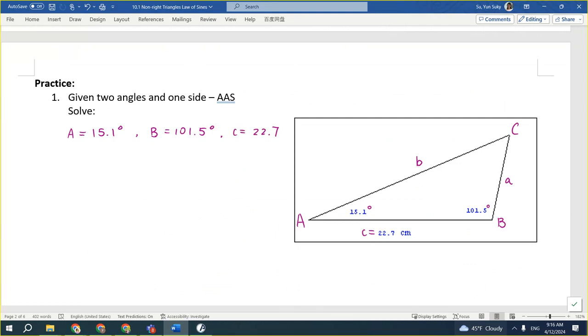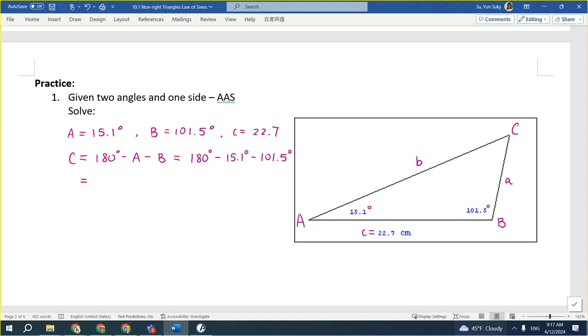Because we already know two angles, we can find the third by what? 180 degrees minus A and minus B. So we use 180 degrees minus 15.1 degrees and minus 101.5 degrees.